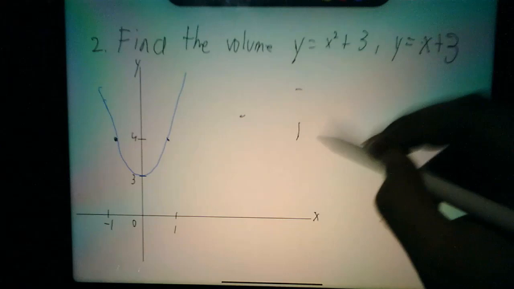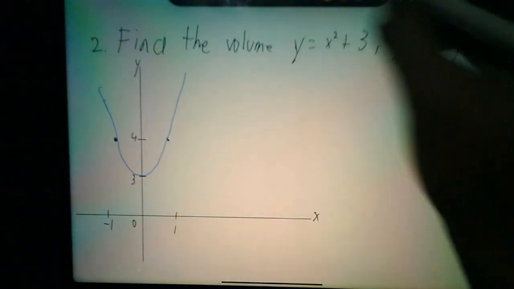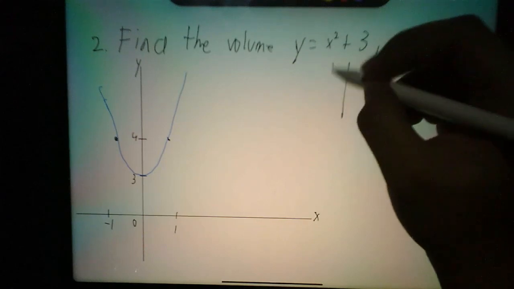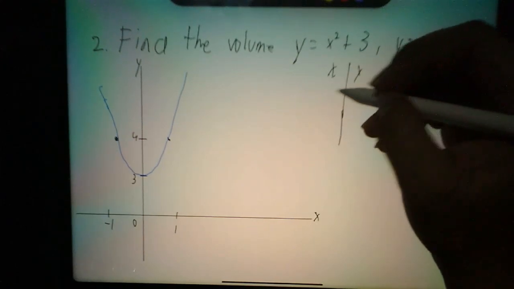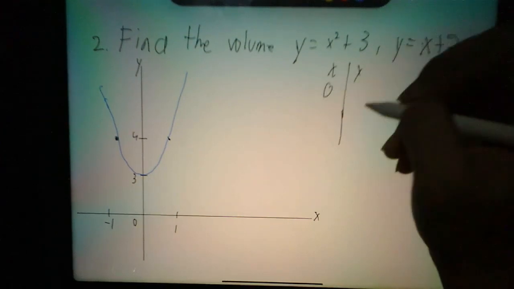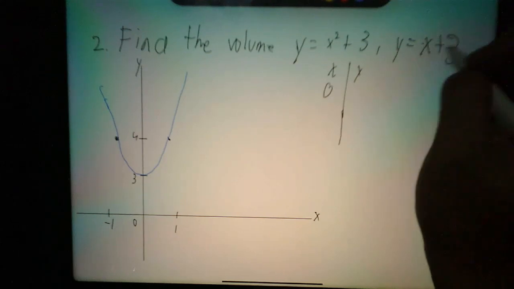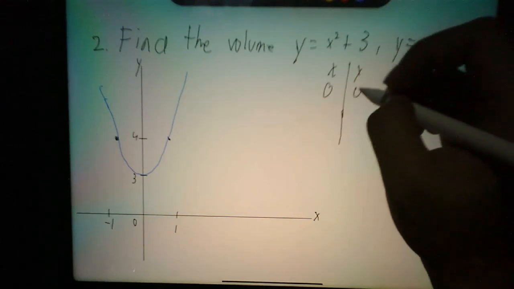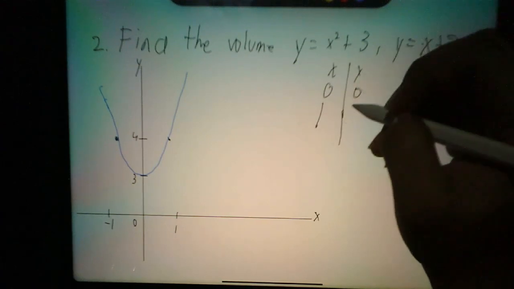Now we are going to find the points of our line. By doing that, we need to find both points using a table. If x equals 0, y will become 0, and if x equals 1, y will become 4.